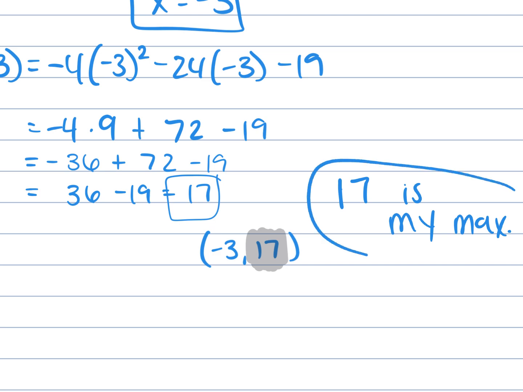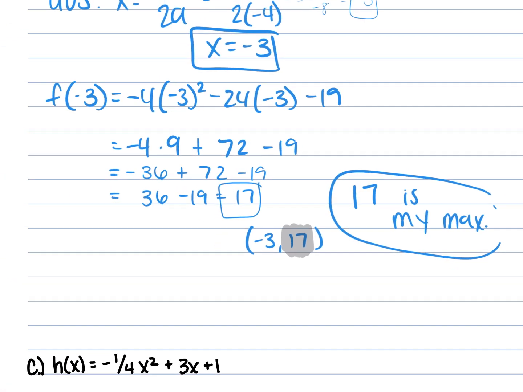All right, what questions do we have? Mia, you blurted one out. Where did the 17 come from? Someone else answer that. Gabe? 36 minus 19 gave me 17. So when you evaluate the axis of symmetry, it's whatever that value is. What other questions?